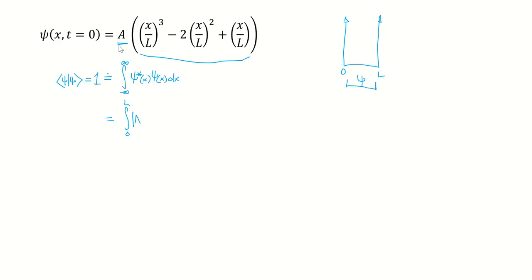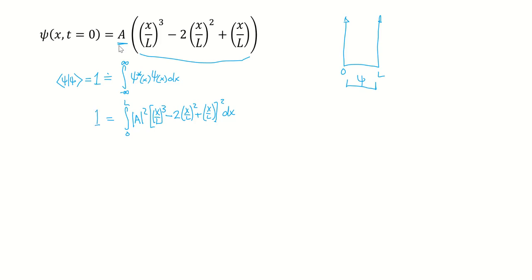So we end up with A squared times the integral of (x over L cubed, minus 2 times x over L squared, plus x over L) all squared, dx, and this is going to be equal to 1 because that's the normalization condition.